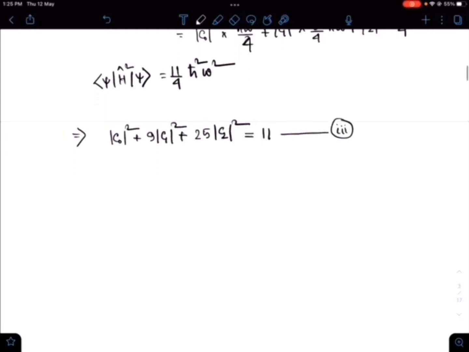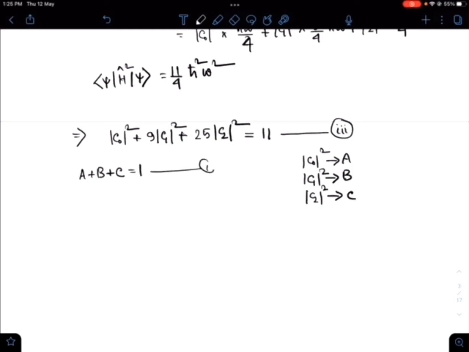To simplify, let us write C0^2 as A, C1^2 as B, and C2^2 as C. First condition: A + B + C should be 1.